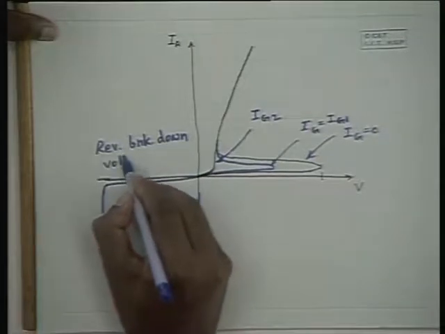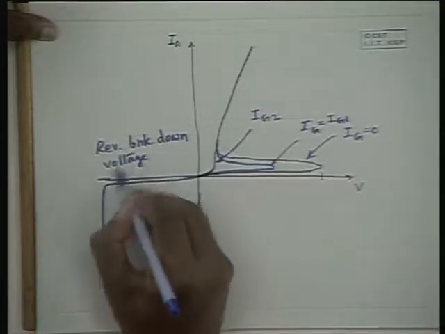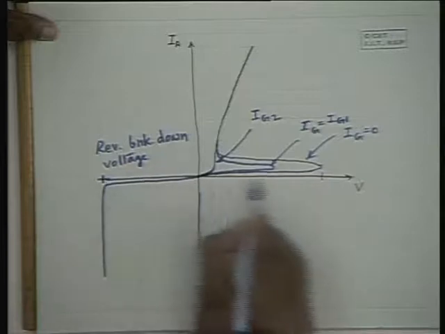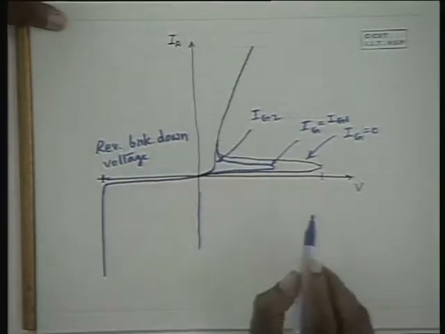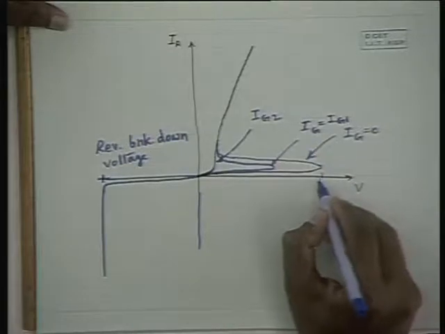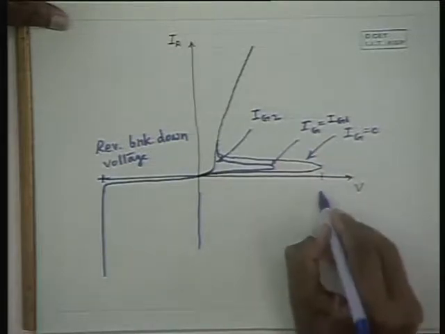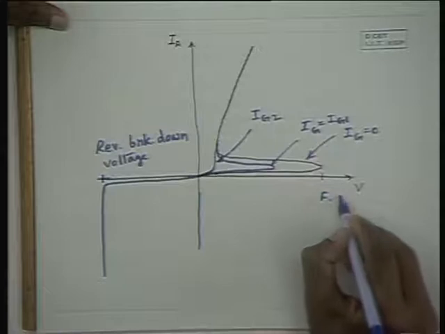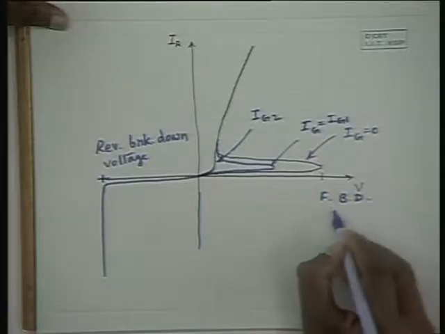So this is the reverse breakdown voltage on the voltage scale. Now this voltage is the forward breakdown voltage.